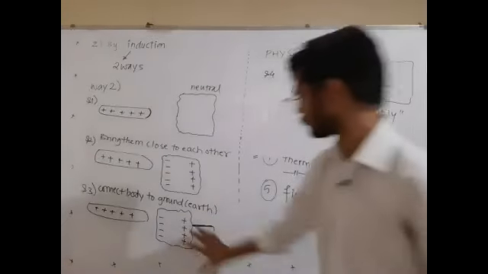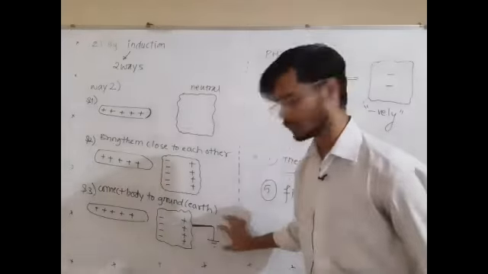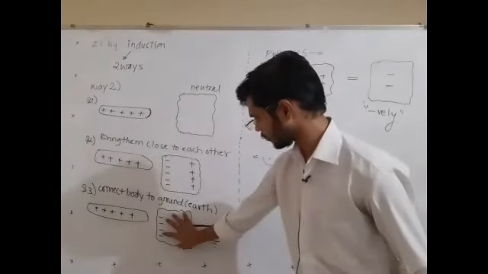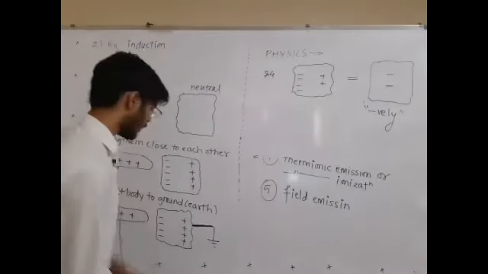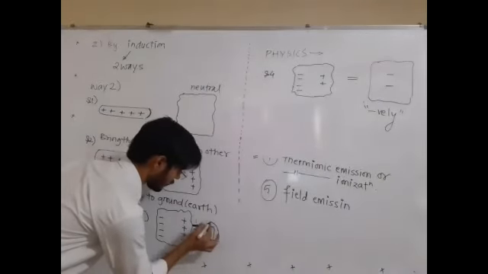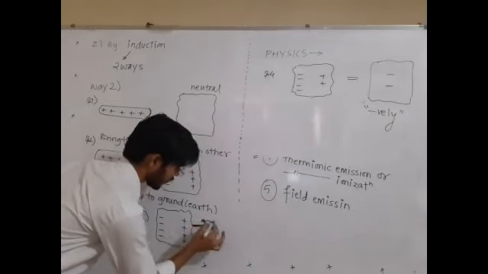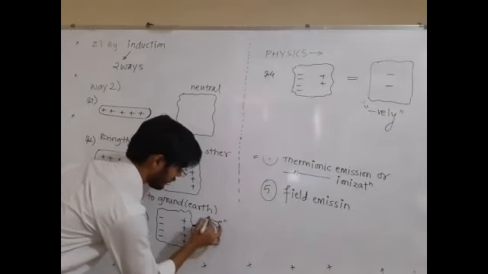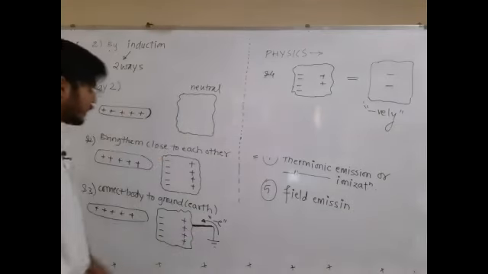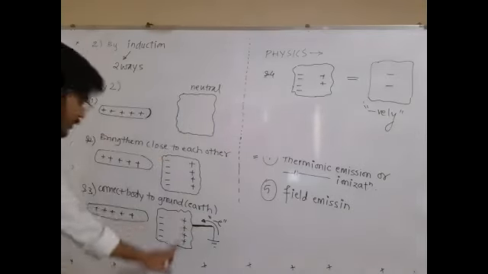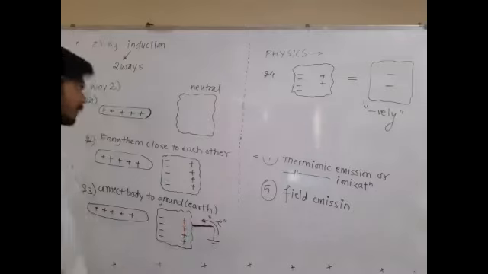Instead of connecting this to another object, now we are connecting it to ground. So what happens? From the ground there will be transfer of negative charge, electrons. In this region some negative charge will gather.